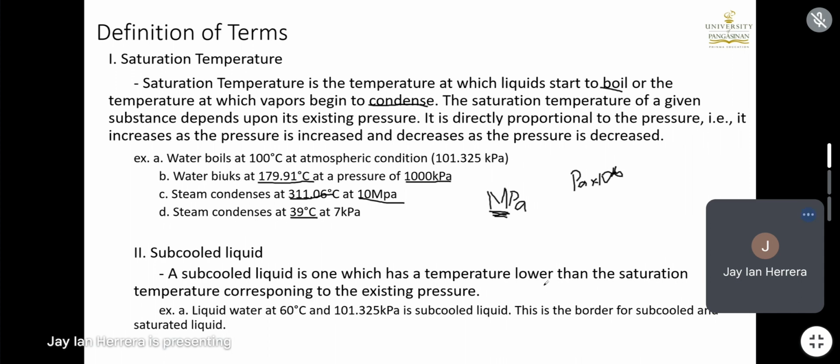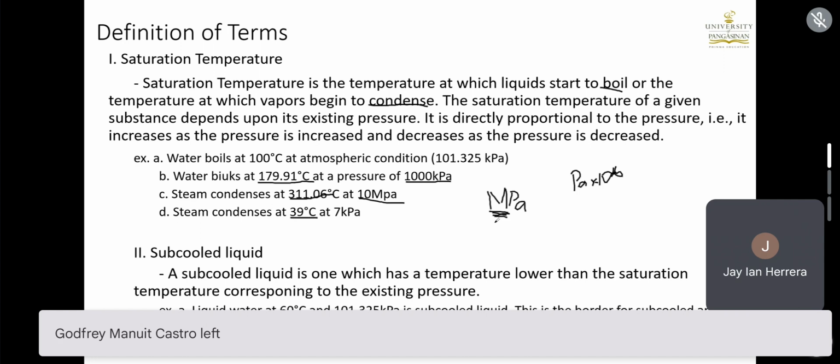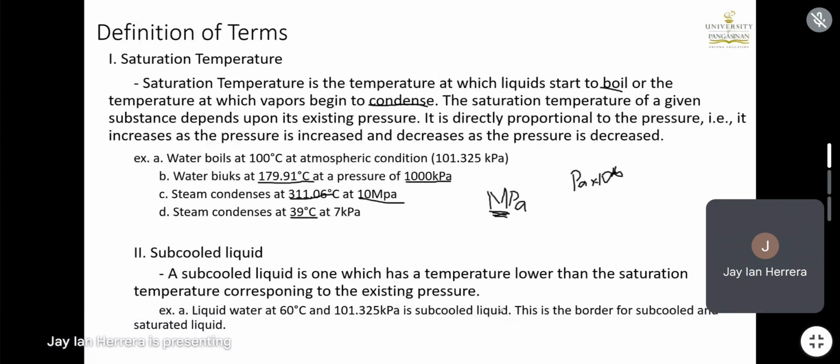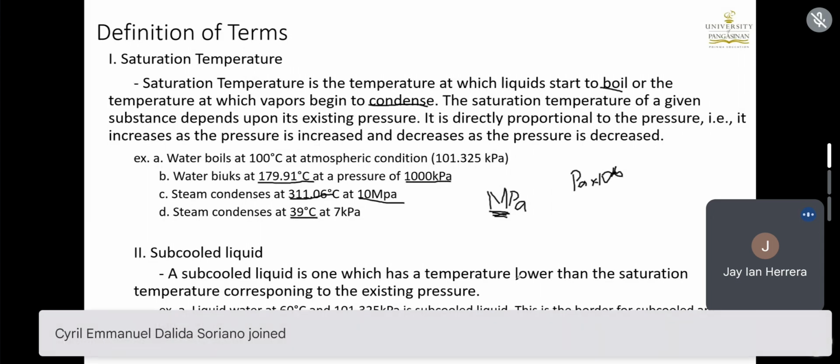And so, our independent variables are always pressure and temperature in the steam tables, and then everything else is dependent, such as specific volume, enthalpies, entropies, internal energy, and enthalpy, those four. Okay. And next, on Monday, I will teach you the interpolation that I mentioned.